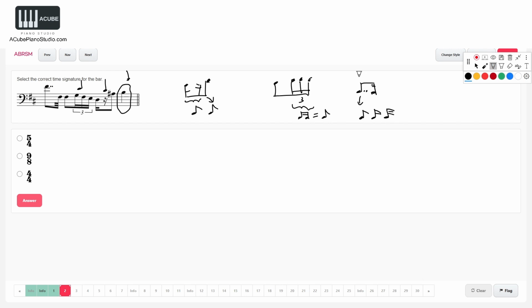Okay, so this double dotted quaver is equivalent to 1 quaver plus a semiquaver plus a demi-semiquaver. Now I need to add in another demi-semiquaver here.